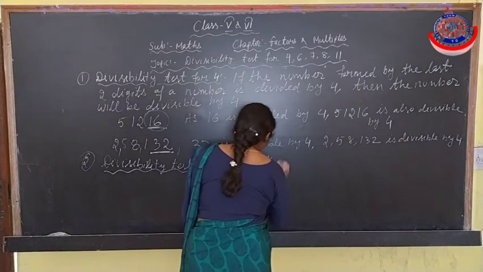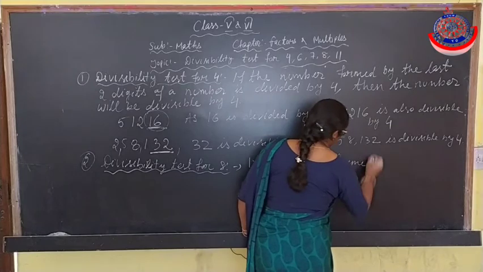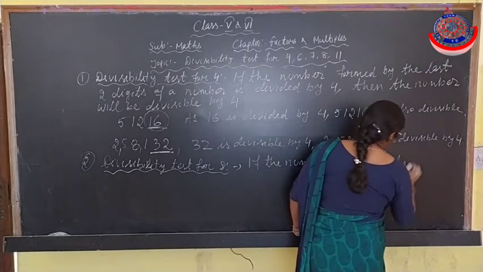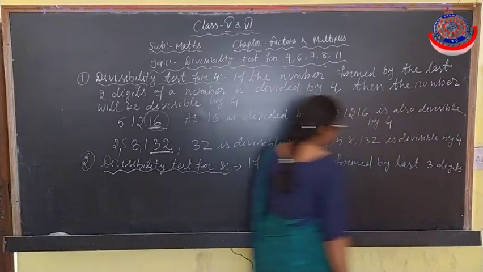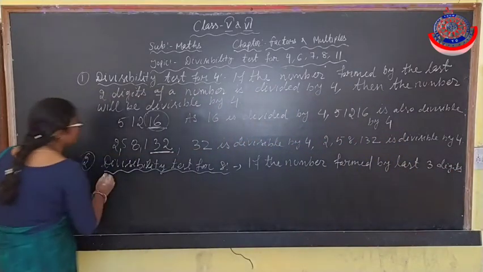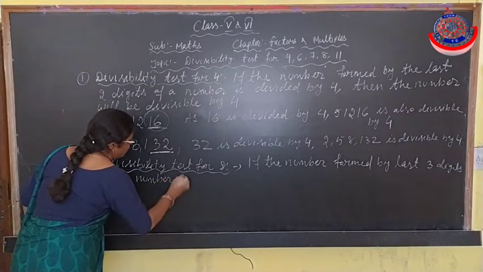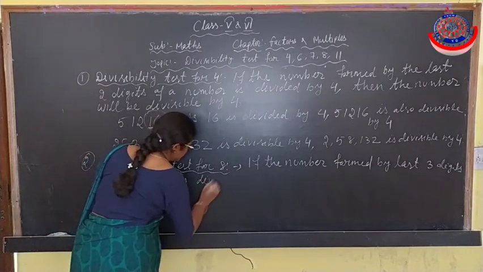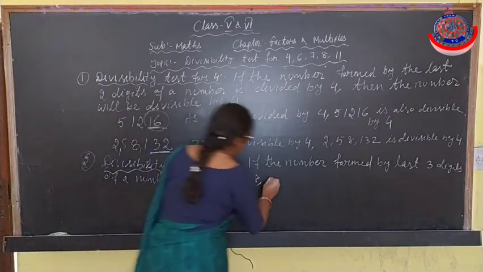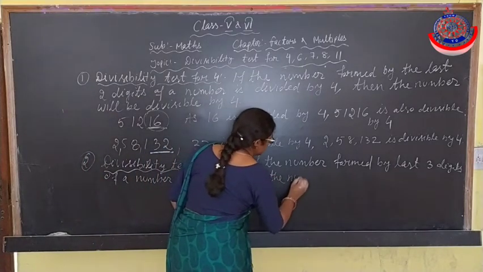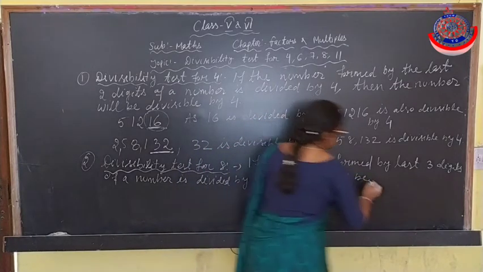If the number formed by last three digits of a number is divided by 8, the number will be divisible by 8.